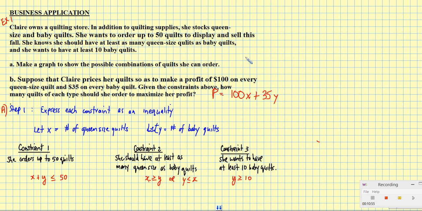Now, part B tells us that suppose that Claire prices her quilts so as to make a profit of $100 on every queen-size quilt and $35 on every baby quilt. Now, given the constraints above, how many quilts of each type should she order to maximize her profit?